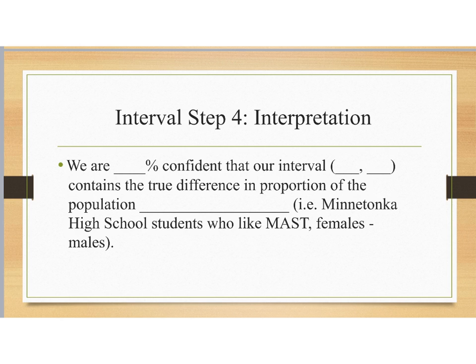So for an interpretation of this, we put the confidence level in again. We put our interval in, and we are saying this is now the difference in proportion, in this case, who have seen these shows.